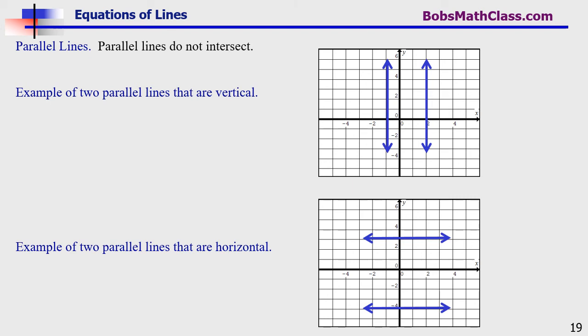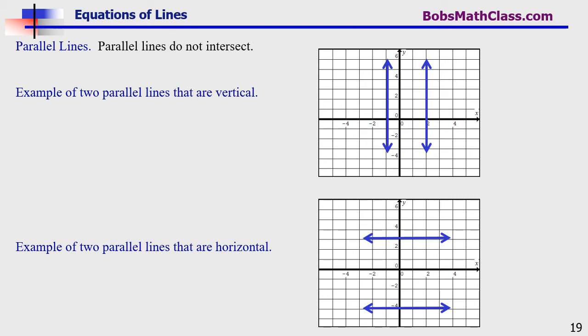Vertical lines always have an equation of x equals. So like in the top image, the graph on the right would be x equals 2. And on the left, it would be x equals -1. In the bottom graph, those are two horizontal lines.